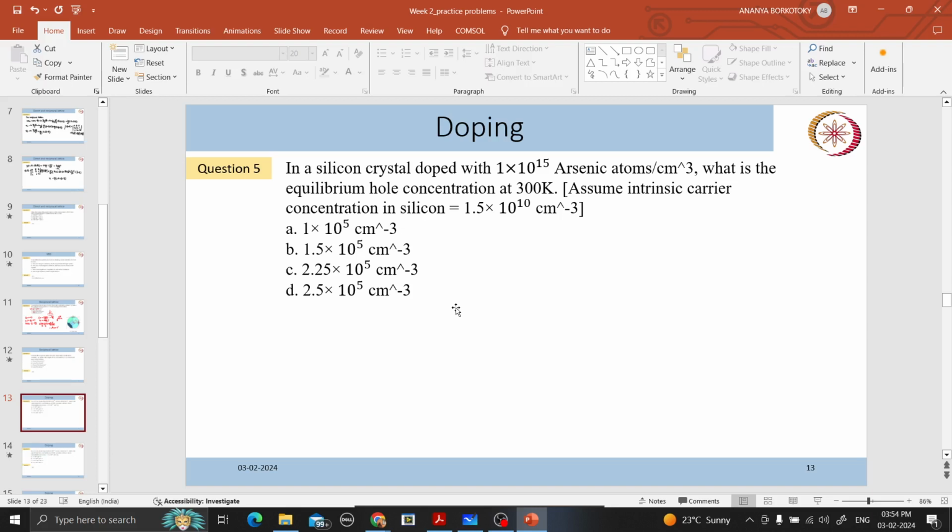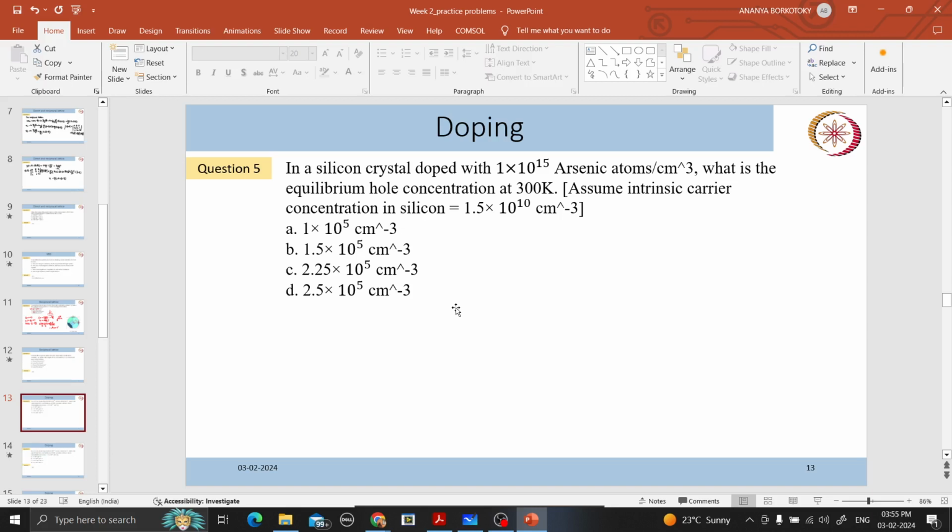So we can try that. What formula will you use here? np equal to ni square.